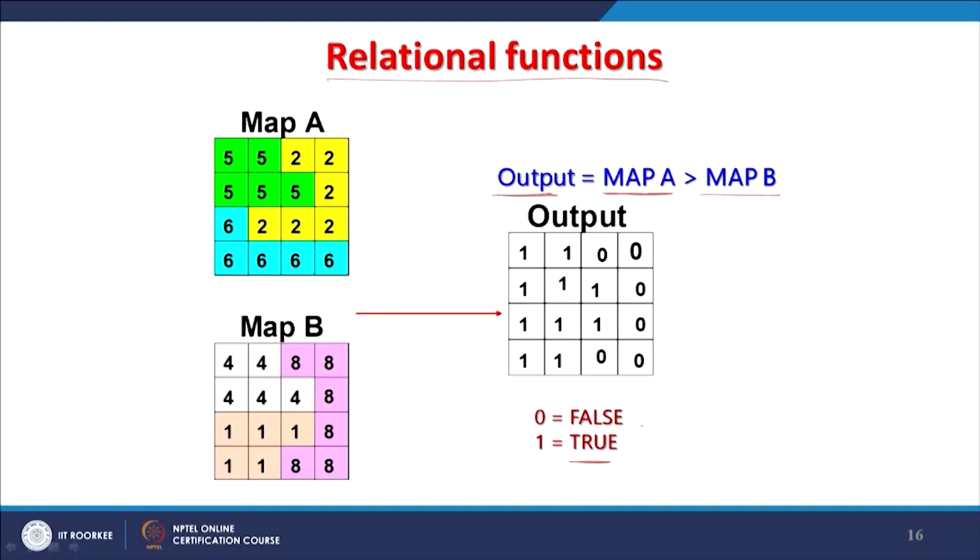If I take this value, map A is 5 and map B is 4, that means map A is greater than map B, and therefore it gets value 1. If I take this example, the value 2 is less than 8, that means it is false and it gets 0. Now, the output in this particular example will become your binary output.